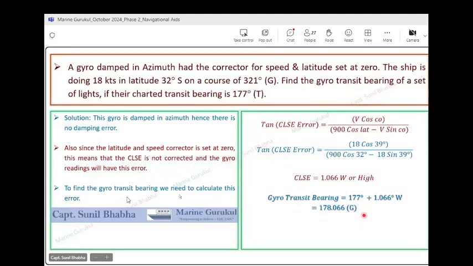Have a good look, beta. Let me know if any doubts are coming in. Clear, beta? Understood?